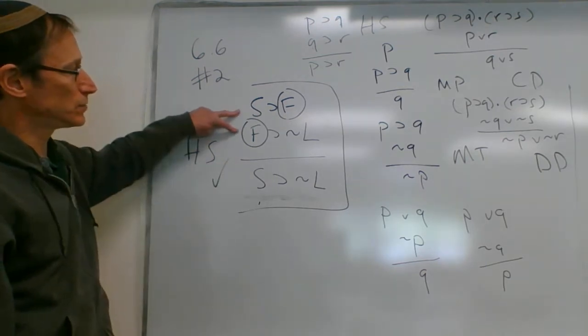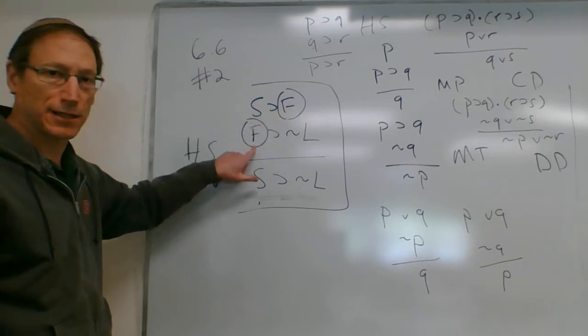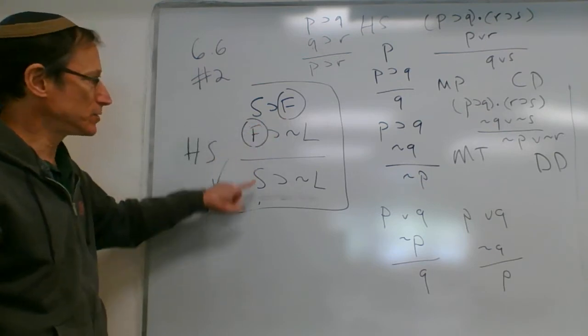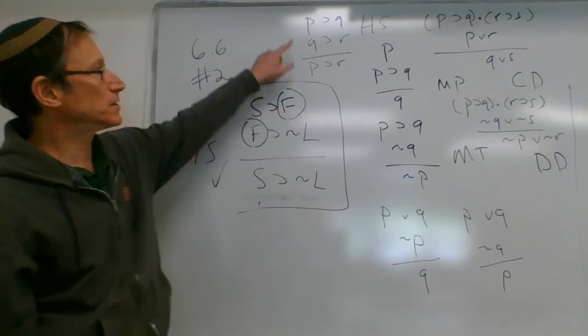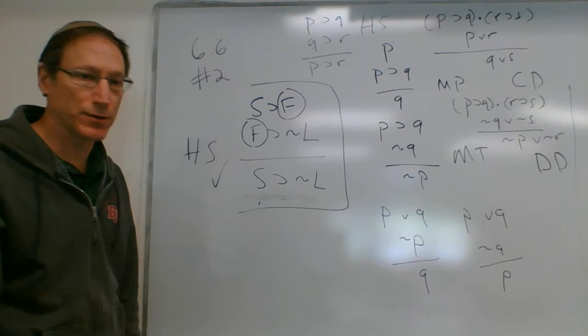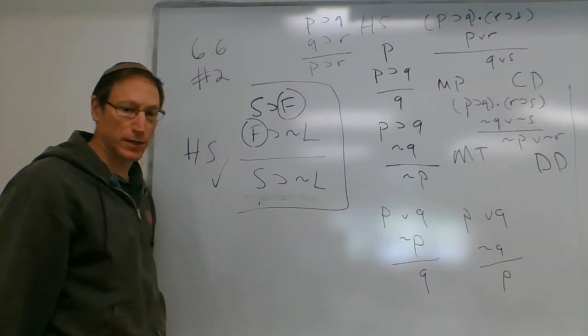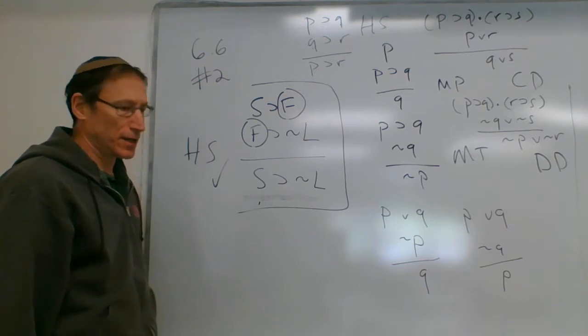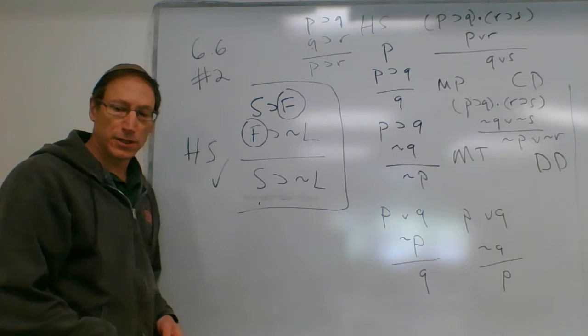You have two horseshoes. The consequent of one is the same as the antecedent of the other, and the conclusion is the antecedent of the first one and the consequent of the second one, so it matches the pattern of hypothetical syllogism. So the answer is yes, number 2 is correct. It is a valid argument. It follows the pattern of hypothetical syllogism.